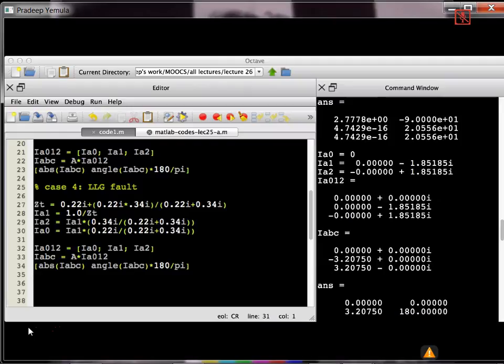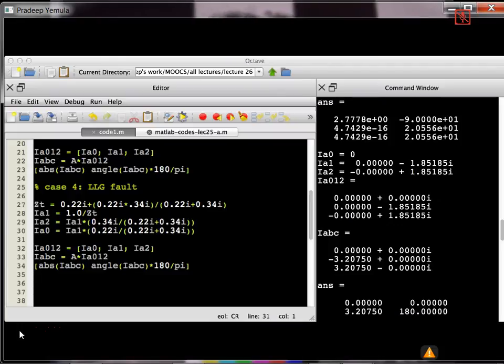So I got 16,000 amperes, huge current, 16,000 amperes for this. For line to ground fault, what did I get? The answer which I got for line to ground fault was 13,889 amperes, and the other two were 0 amperes.